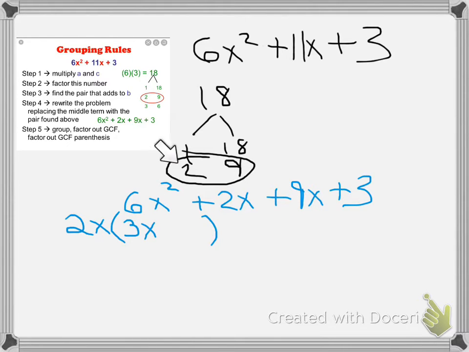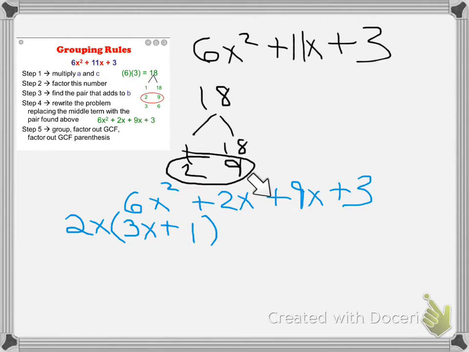And then I'm going to drop down my plus. And then I have this 2x divided by 2x is 1. There you go. And again, we were just looking at these first two terms. Now I'm going to turn my attention to the last two terms, the 9x and the 3.